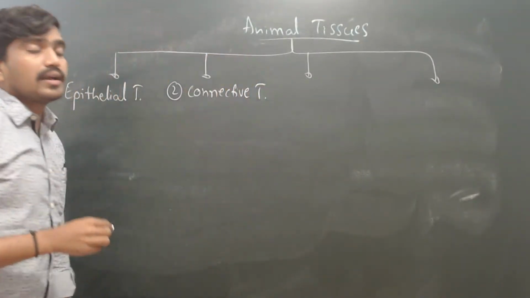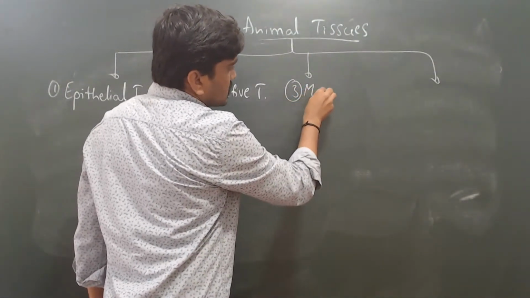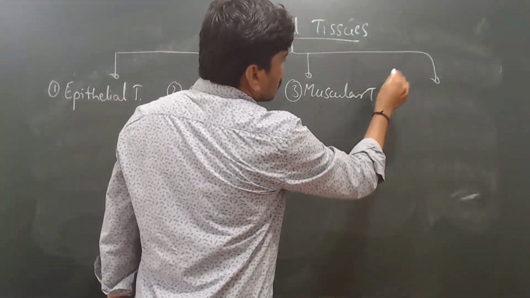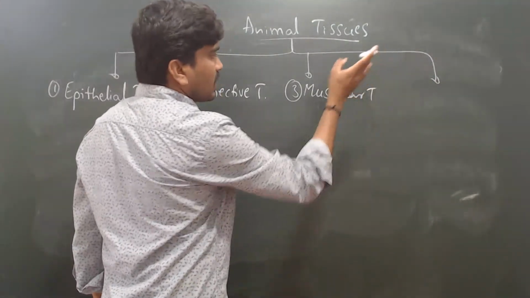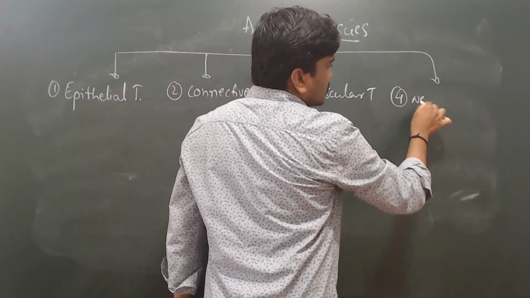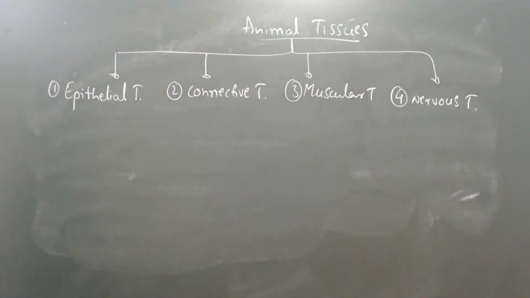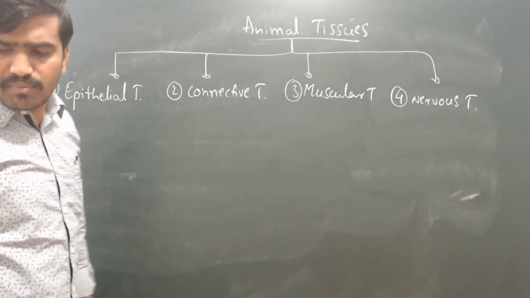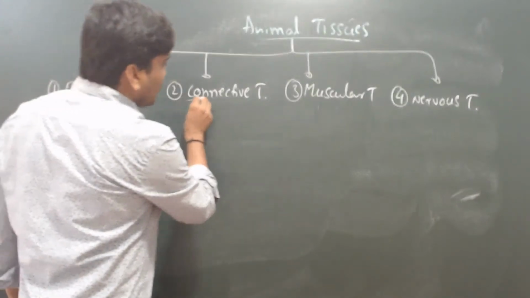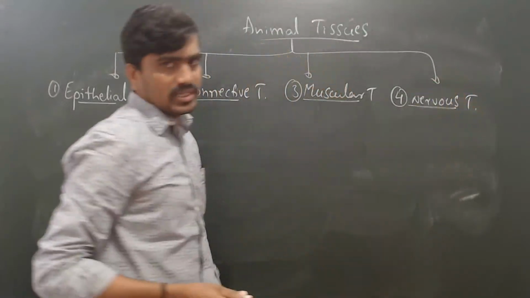Third one, muscular tissue. Then last, fourth one is nervous tissue. These are the main four types of animal tissues: epithelial, connective, muscular, and nervous.